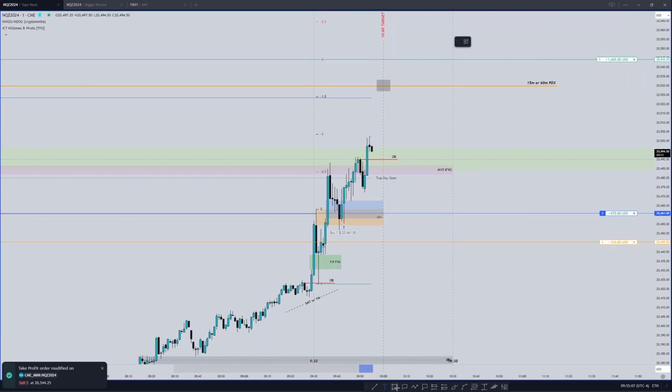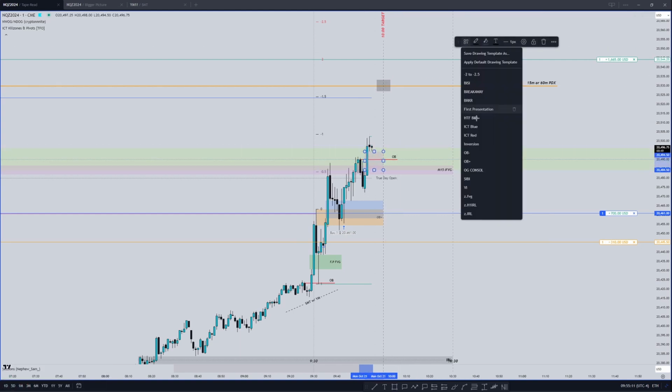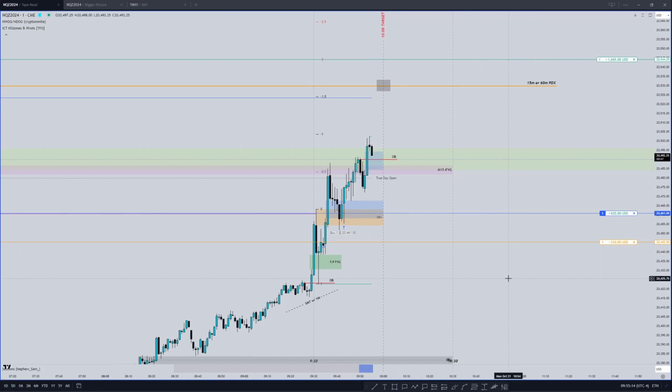So order block, BISI, all these are PD arrays that should be holding price up now, right? As long as our drawn liquidity is correct, our PD arrays will hold.